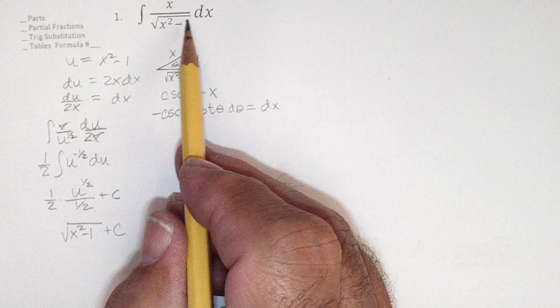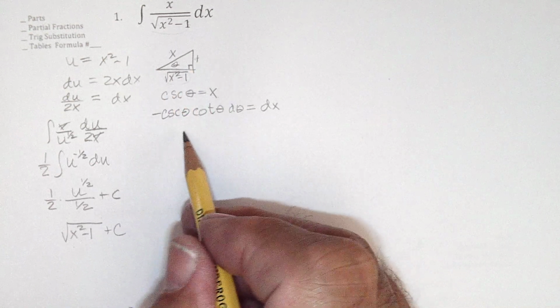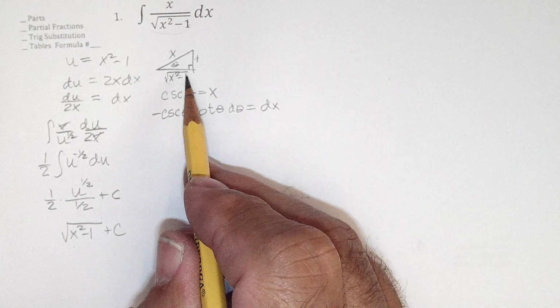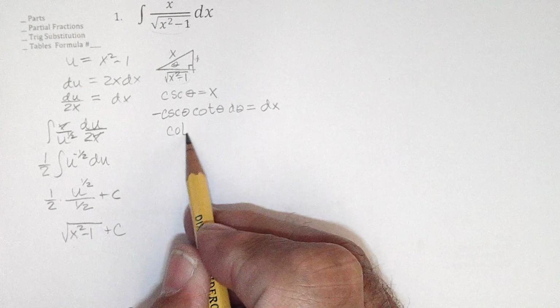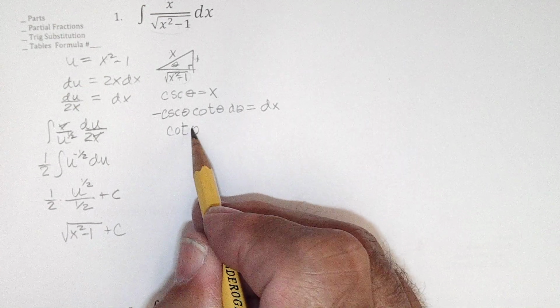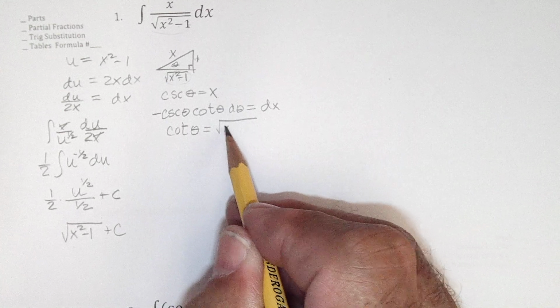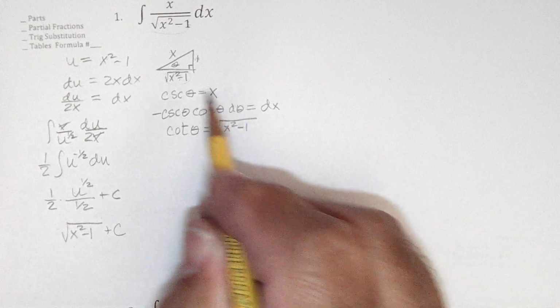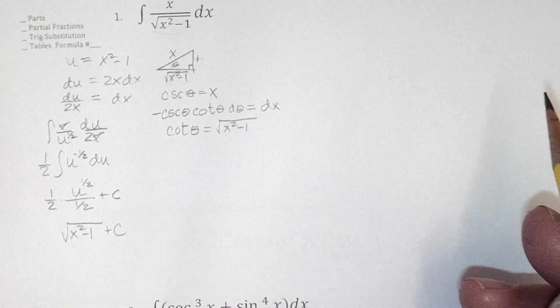And I need this square root thing, so I can replace that. The cotangent of theta is the square root of x squared minus 1. That's adjacent over opposite instead of opposite over adjacent, which is tangent.